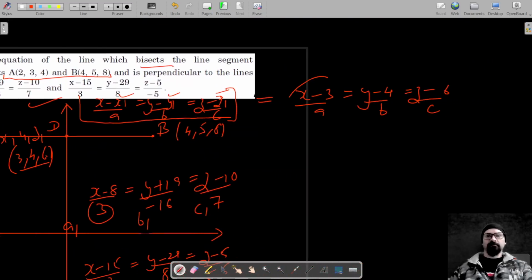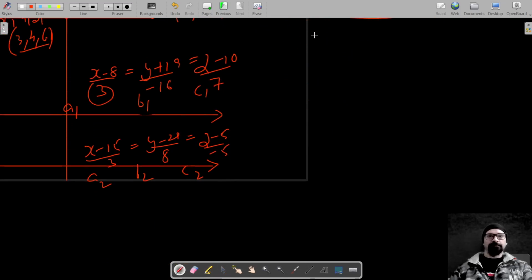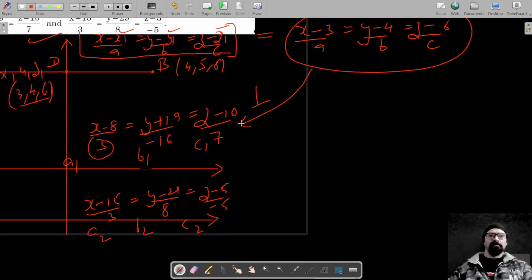Now, this line is perpendicular to the first one, so the sum of the products of the direction ratios, that is a into a1 plus b into b1 plus c into c1, should be equal to 0.